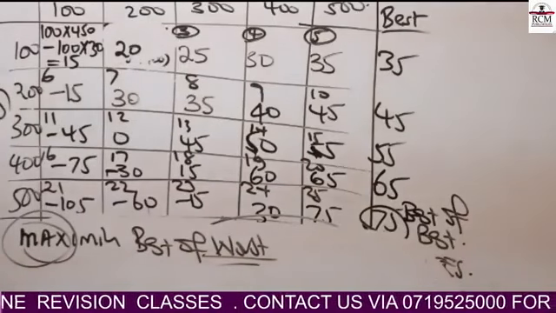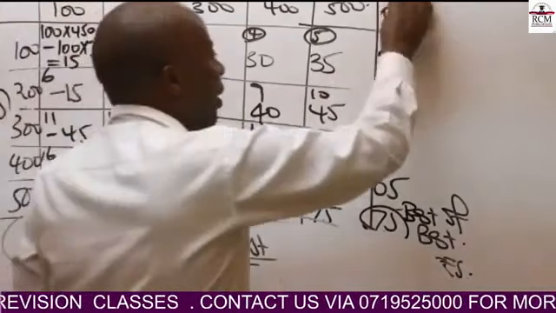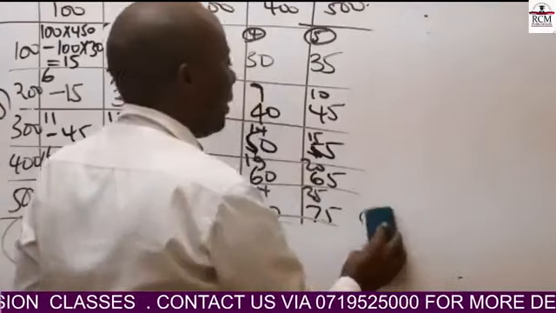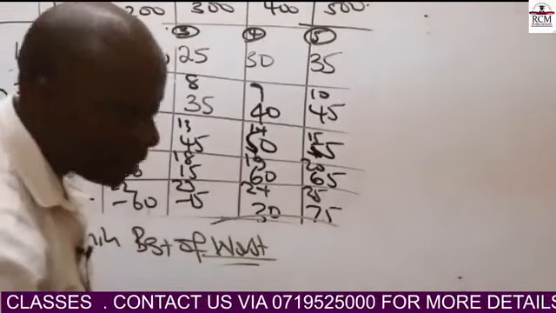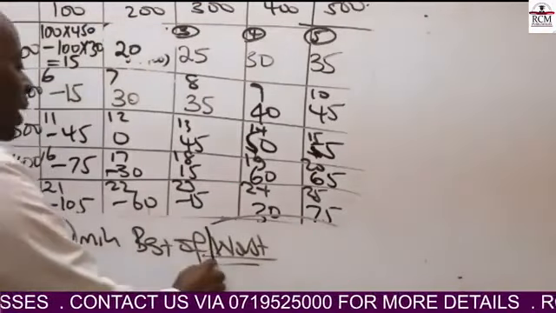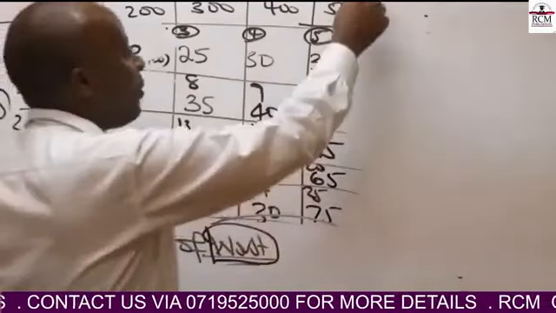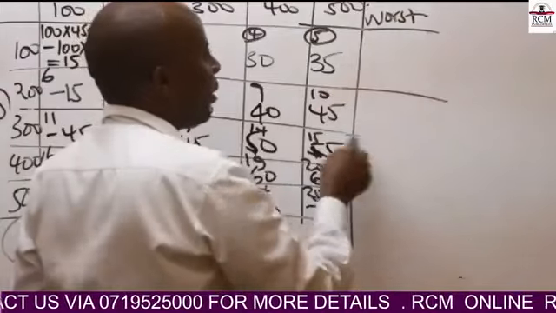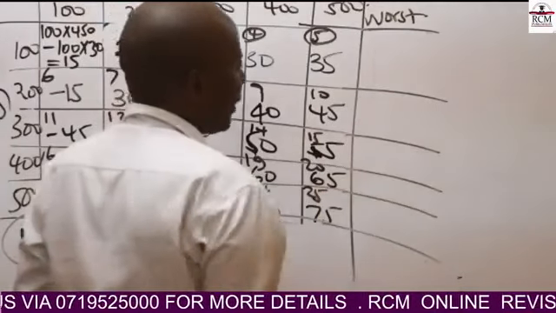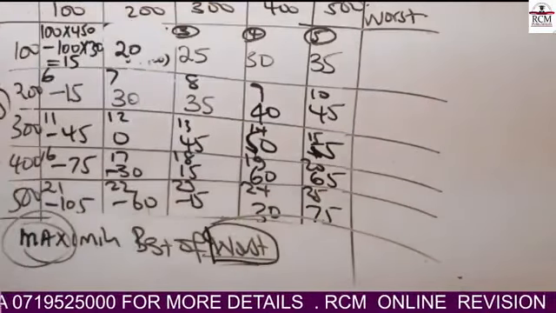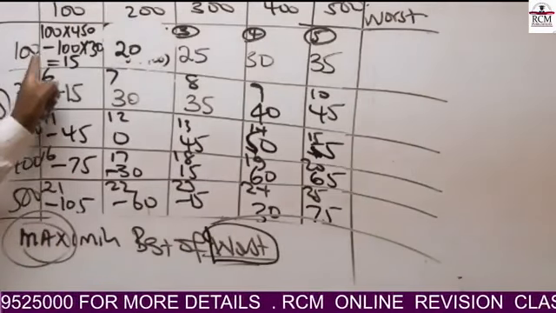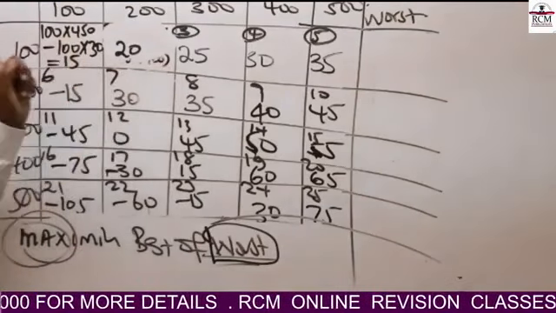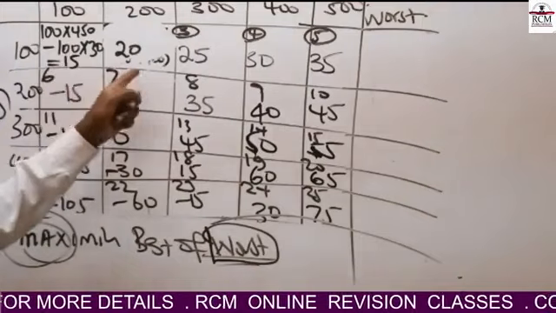Then what I'm supposed to do is to create a column here for worst. So we need to start with worst. For each row, each alternative, selecting the worst profit will be the lowest profit.